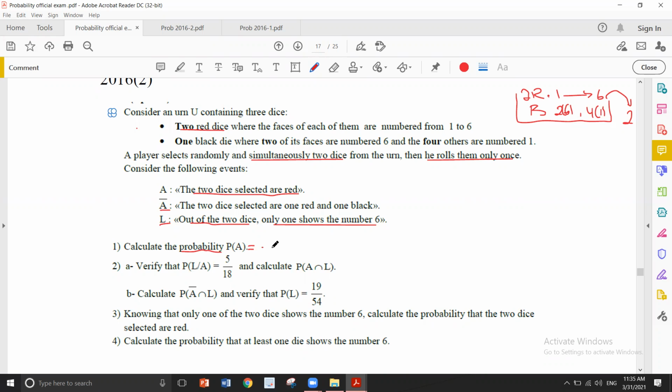What is the probability to choose 2 red dice? How many dice are there in the box? There are 3 dice. I have to choose 2. I have 2 red in all. So we get 1/3.